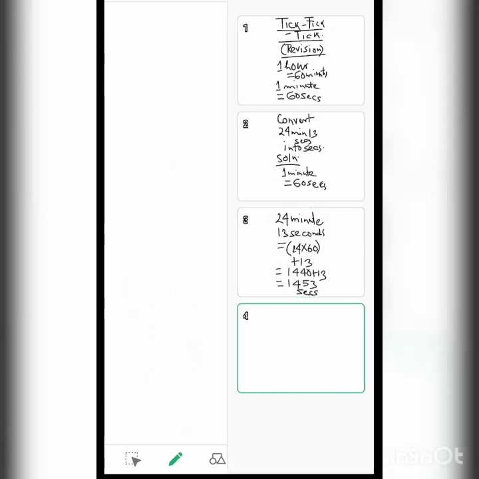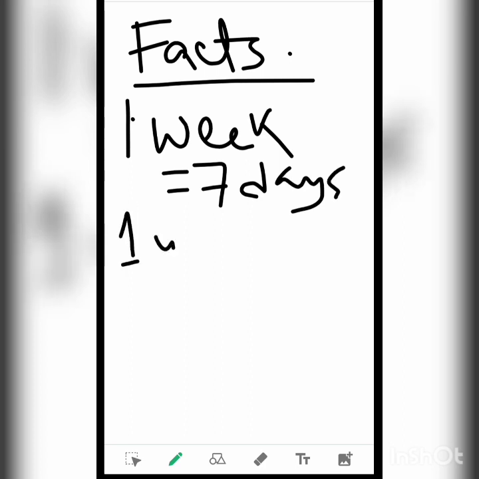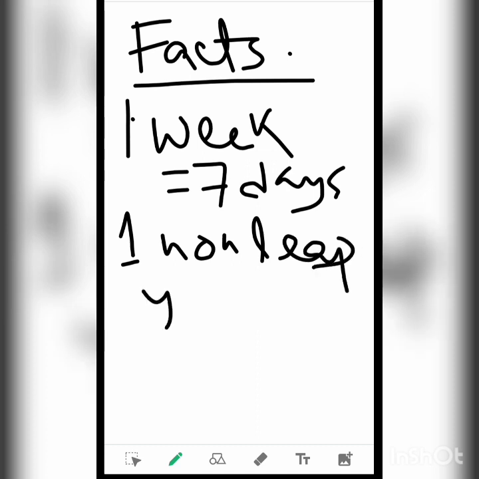Now coming to a few more facts. 1 week is equal to 7 days. 1 non-leap year is equal to 365 days.